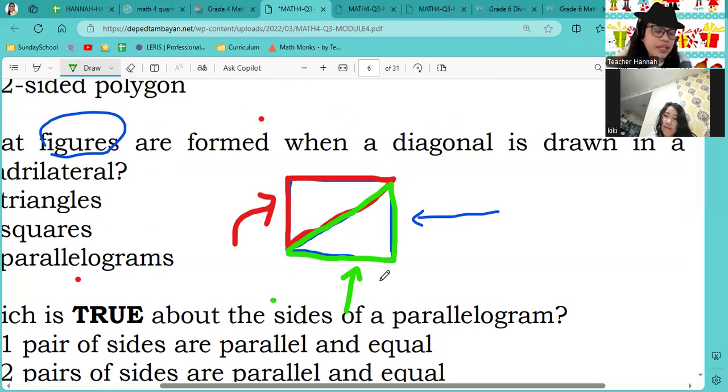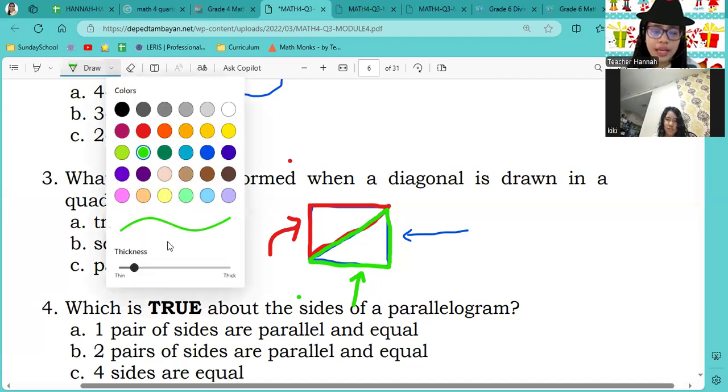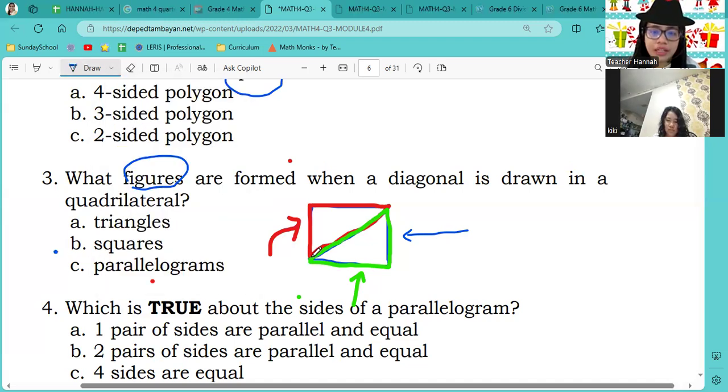Triangle. So again, let's go with the question. What are the other shapes or figures that are formed when you draw a diagonal in a quadrilateral? What are the shapes that you can see? Parallelogram.